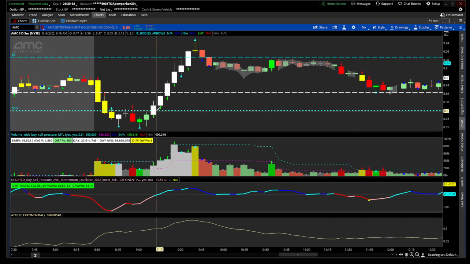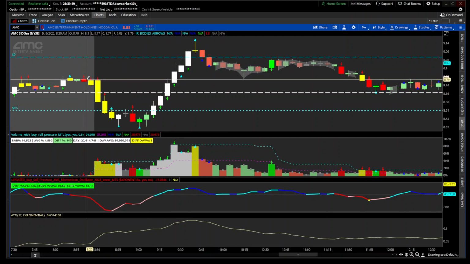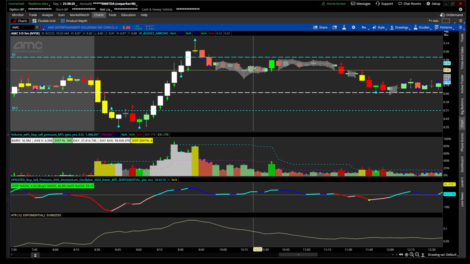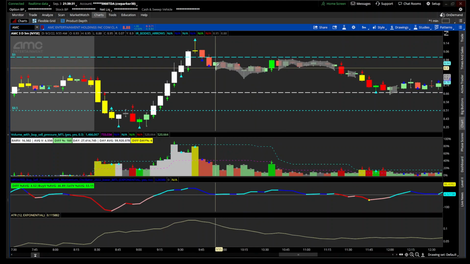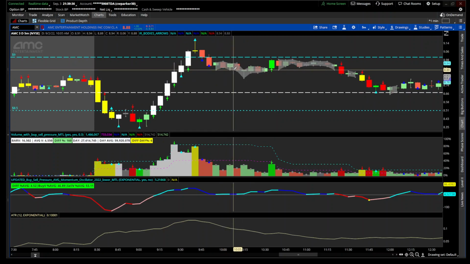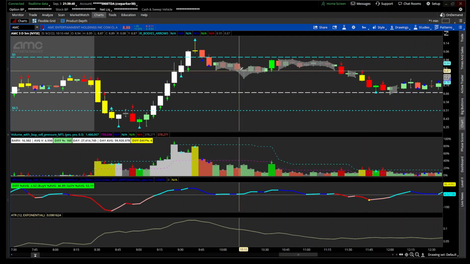But these are the confluence. The arrows show you confluences. And then here you're seeing another confluence where volume and price are decreasing together. In one sense, you can look at it as a squeeze, and that's kind of what it is. In another sense, you can look at it as consolidation, because there's no volume to push the stock to the high or low, and the ranges are decreasing, showing that the stock is becoming less volatile.